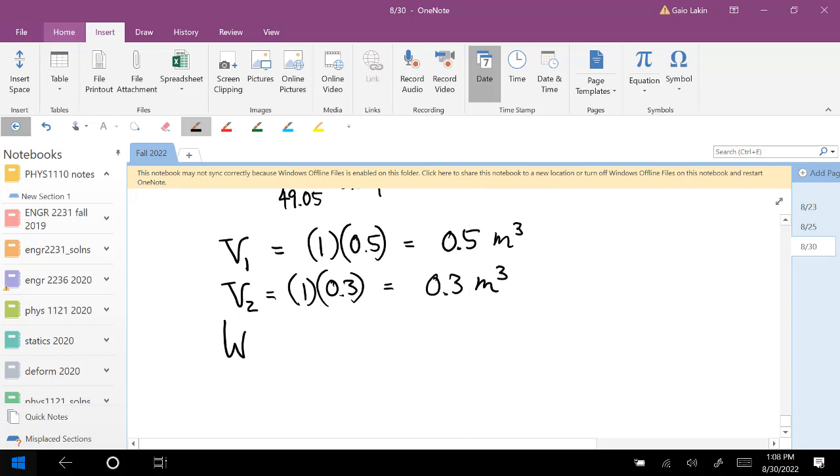So now we can calculate the work. It's the integral from 0.5 to 0.3 of 1.0345 times 10 to the 5th dV.